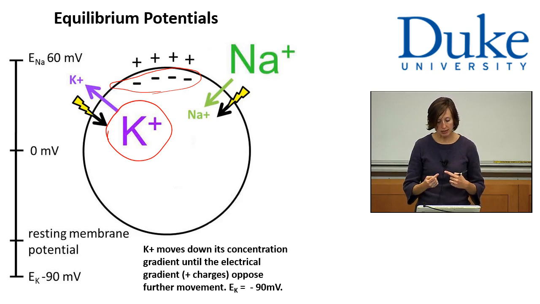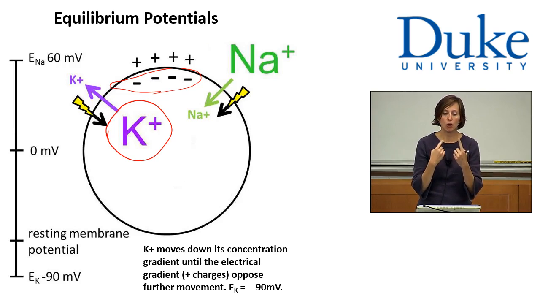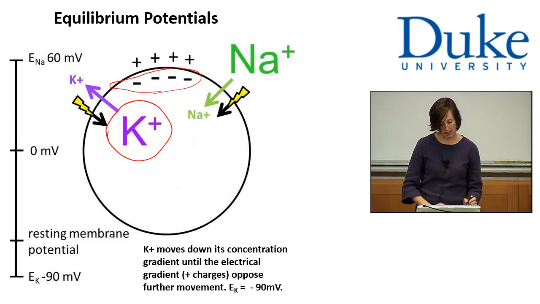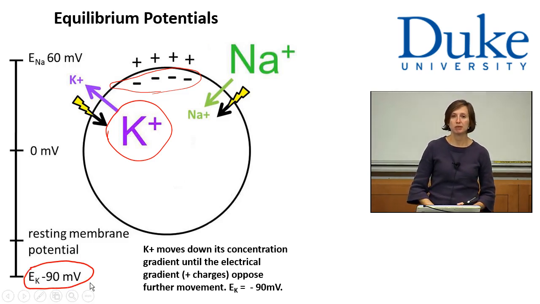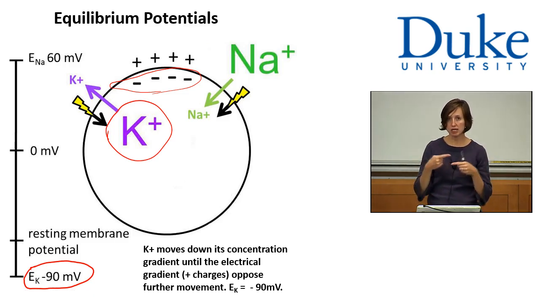And so that means that if we open potassium channels and let the cell come to the equilibrium potential for potassium, that's going to be at a negative membrane potential when we have opposing and equal forces from the chemical and electrical gradient.